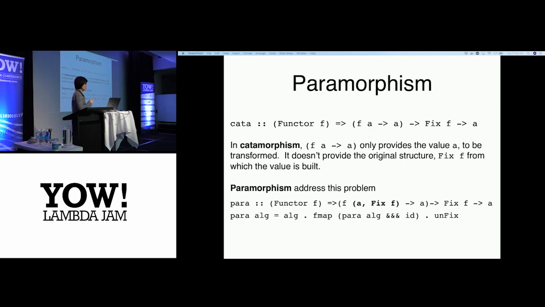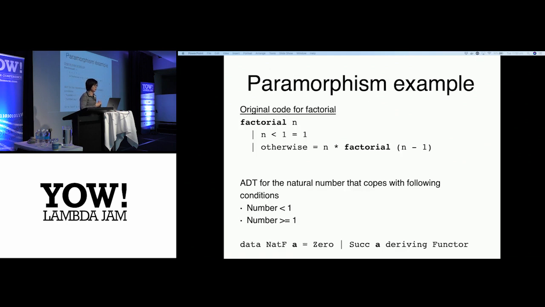Which problem do we need to use this paramorphism for? It is the factorial. In solving this factorial problem using paramorphism, again we need to define the algebraic data type for the natural number.